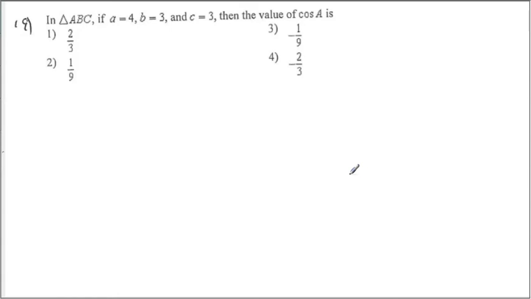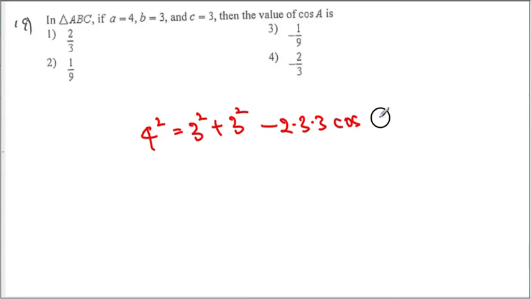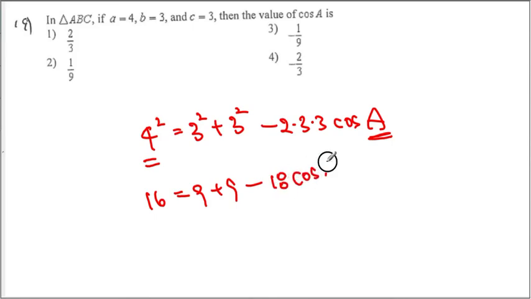Alright, so here we have cosine of a, opposite from a, so we have 4 squared must be equal to 3 squared plus 3 squared minus 2 times 3 times 3 times cosine of a. Notice that this a has to be opposite from side a, as you can see. So here we have 16 is equal to 9 plus 9 minus 18 cosine of a.